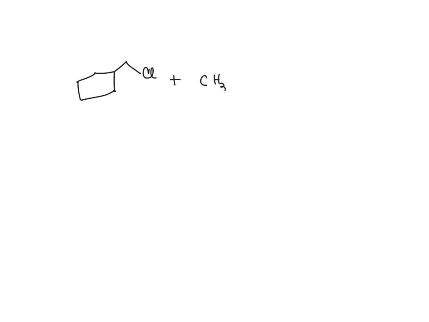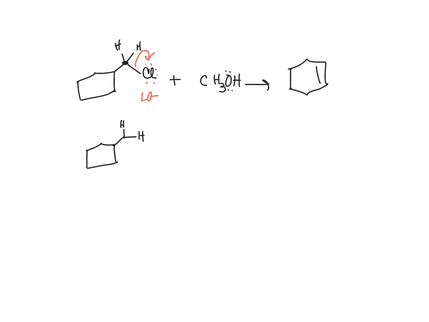When you work through this mechanism, you want to show that the chlorine leaves. Okay, so here's your leaving group. That's step one. There's your carbon. If you want to, it's nice to draw in your hydrogens so you kind of get an idea of what's going on. Okay, so that's step one.